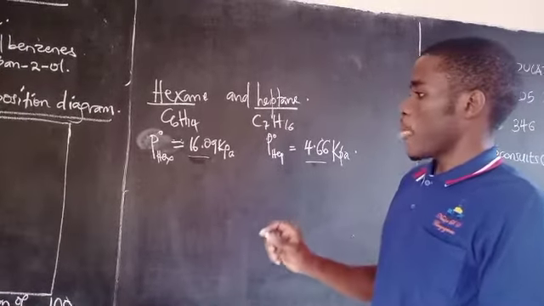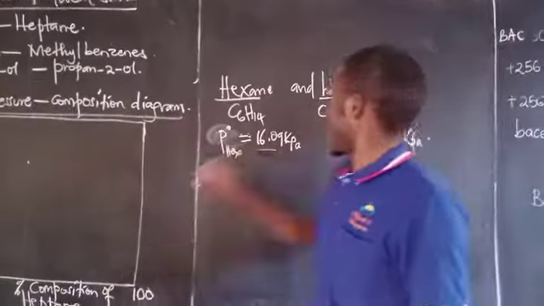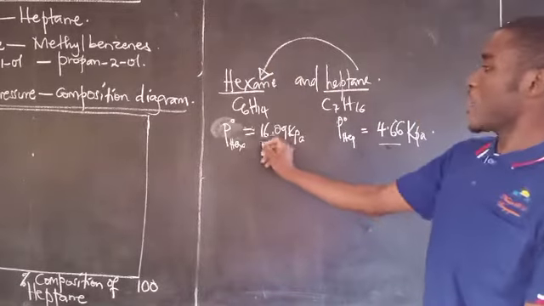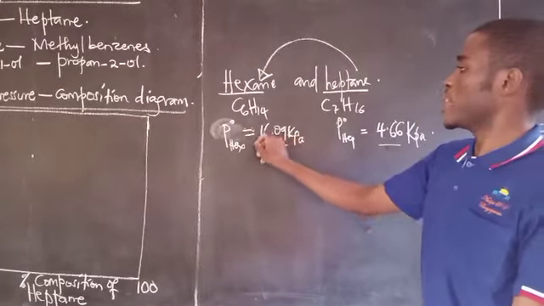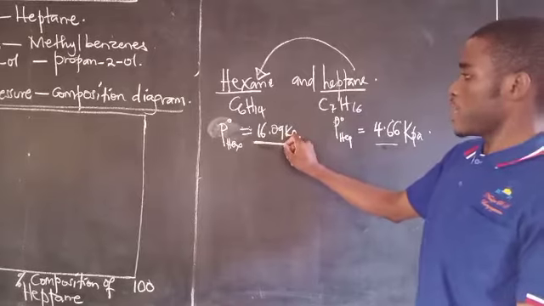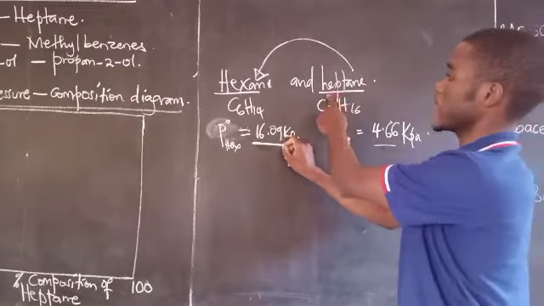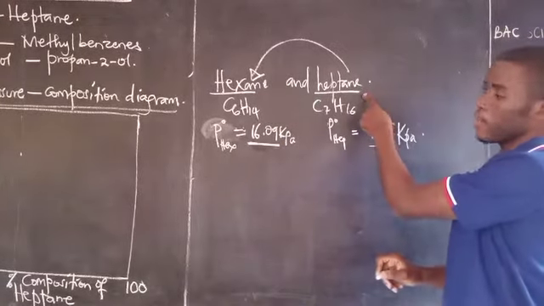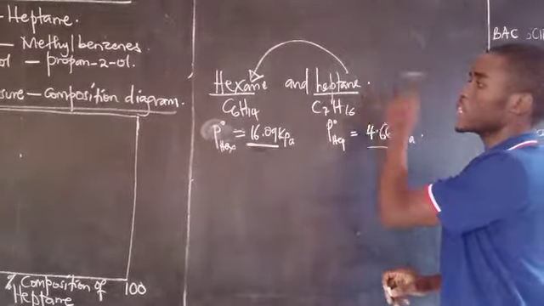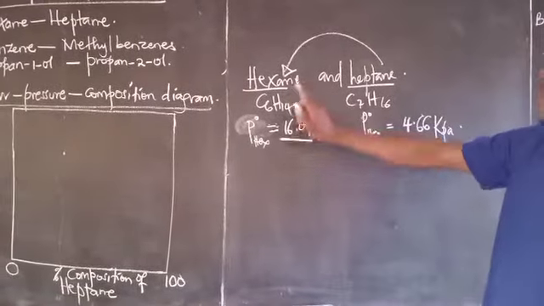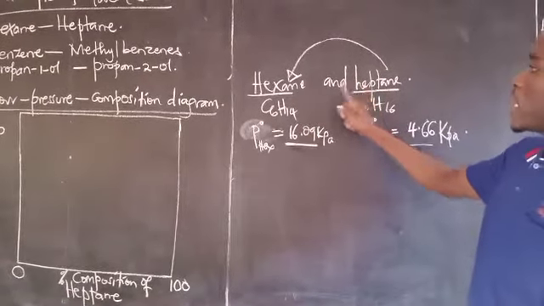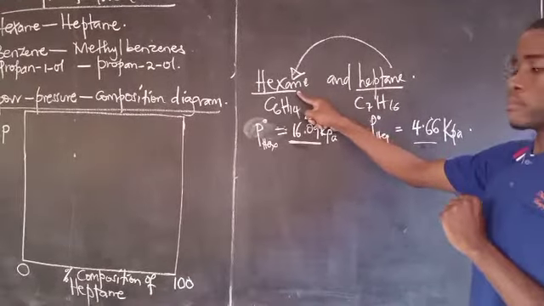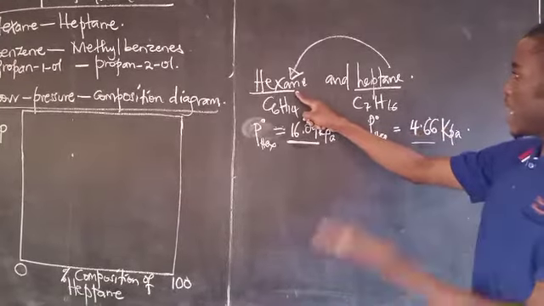So, we want to see if you are adding heptane to hexane, how does this vapor pressure keep changing from when you have 0% heptane in hexane until when you have 100% heptane. Remember, when you have 0% of heptane in hexane, it means that hexane is in its purest form because it does not contain any heptane.